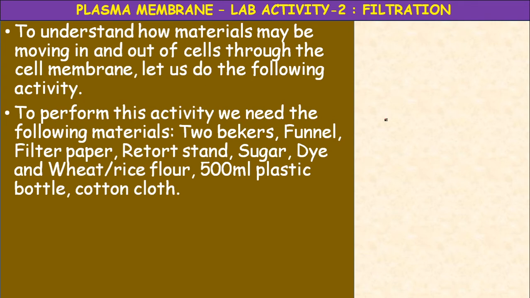To perform this activity, we need the materials: two beakers, a funnel, filter paper, retort stand, sugar, a coloring agent that is a dye, and a small quantity of wheat or rice flour, then a 500 ml plastic bottle and cotton cloth. These are the materials we require to perform this activity.